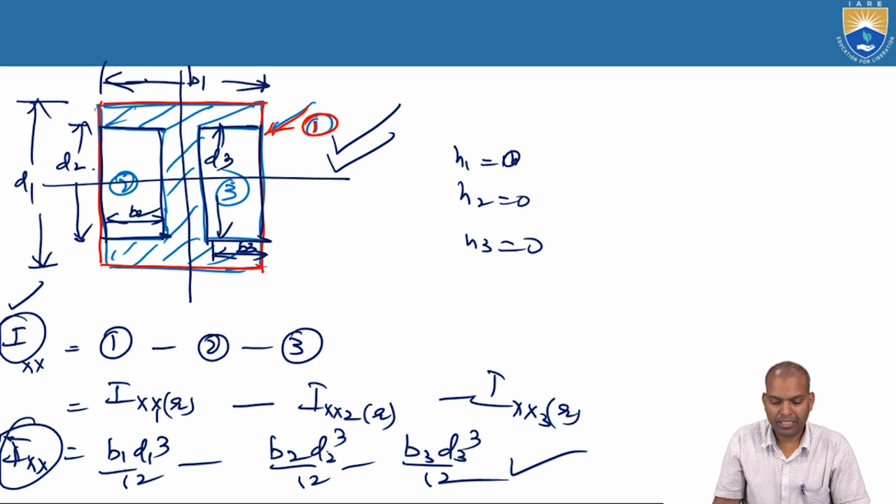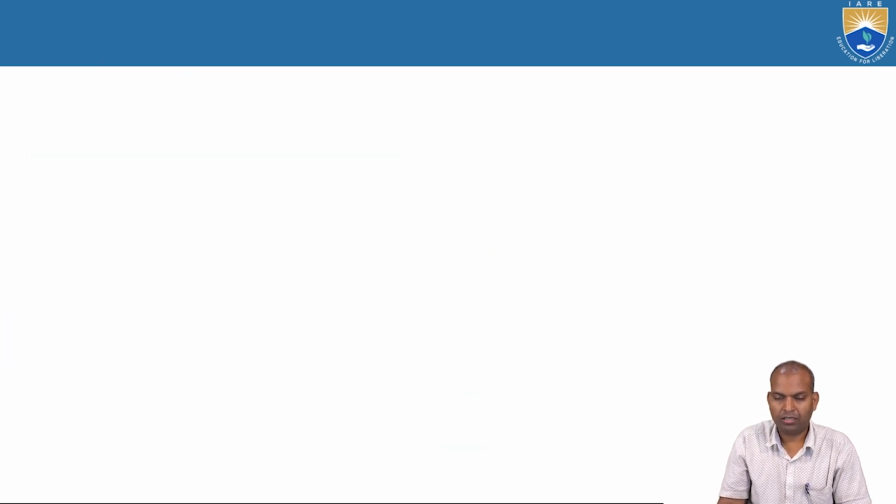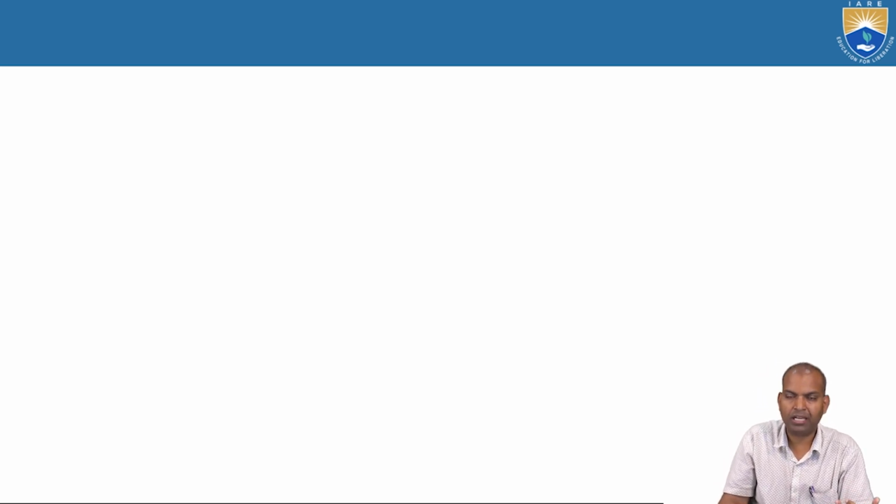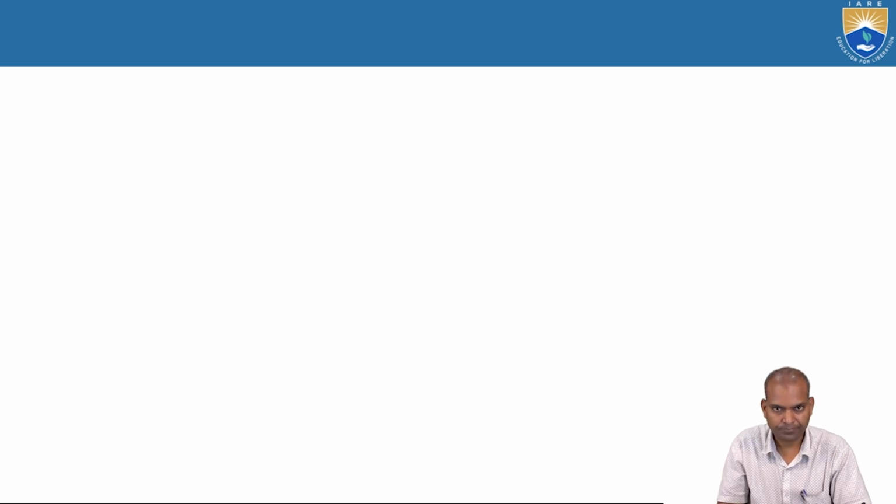In that manner, we can calculate the moment of inertia of various sections by considering it as a hollow section or a solid section. But mainly we use the parallel axis theorem here for solving all the problems.